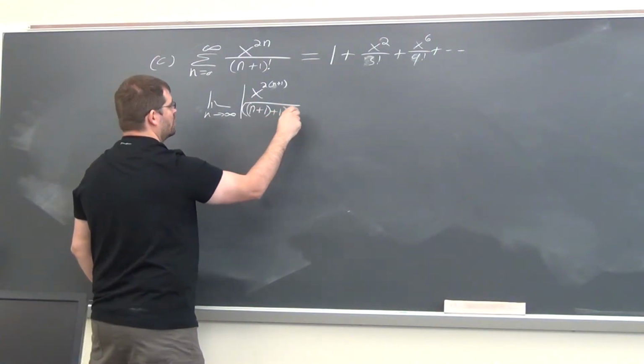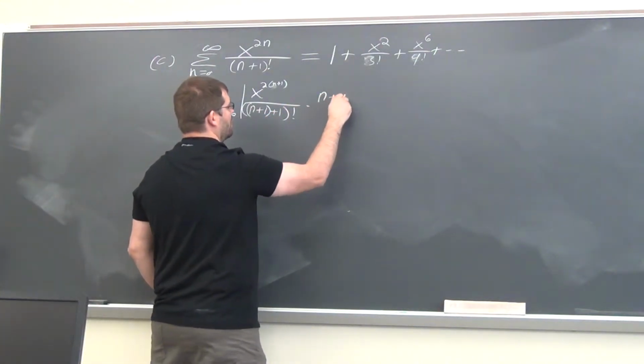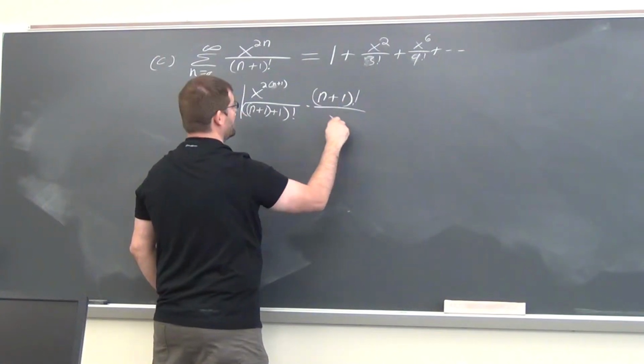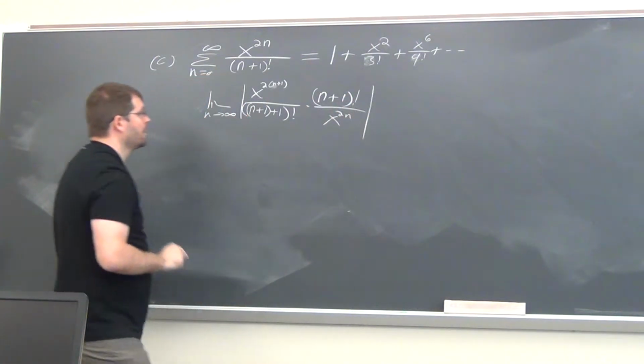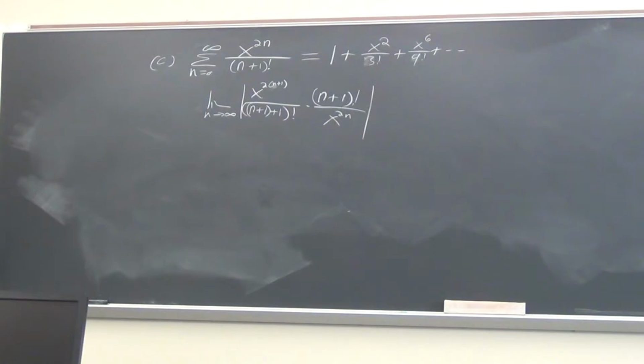Again, you can show less work if you feel comfortable with all the algebra that's going on here, but let's just do that. So what's that exponent on the top x? It's x to the 2n plus 2, right?